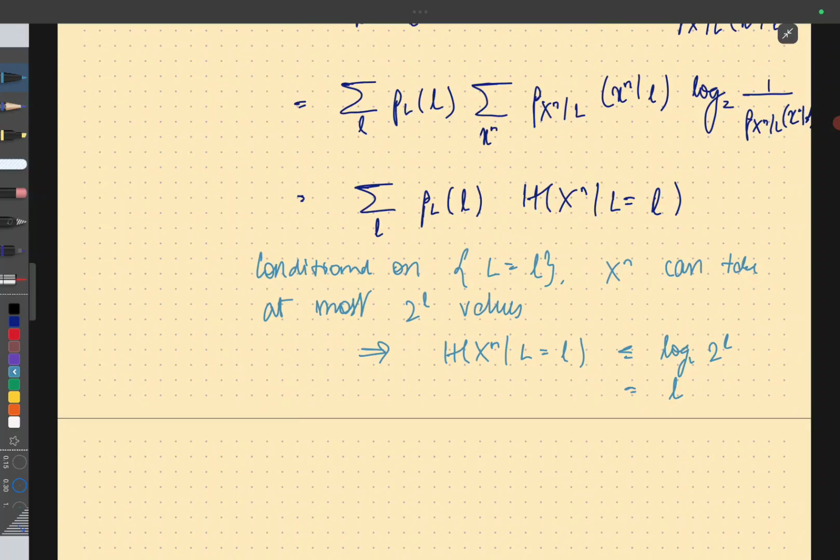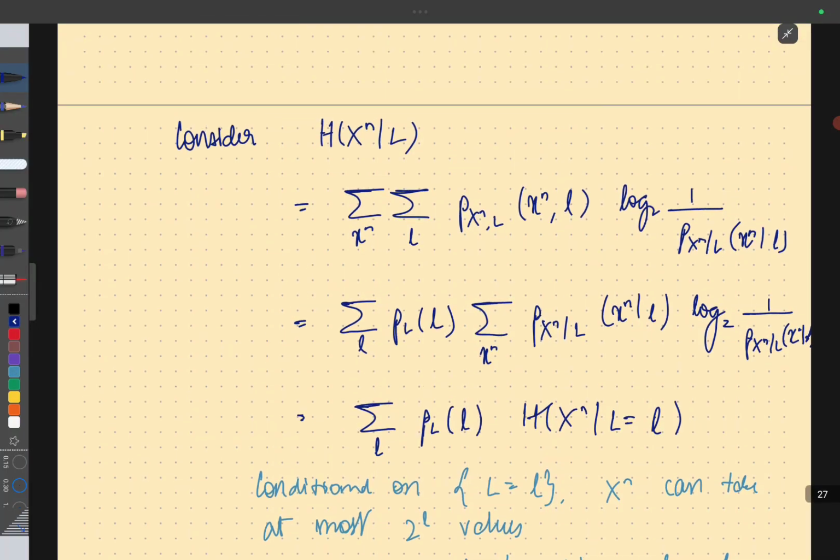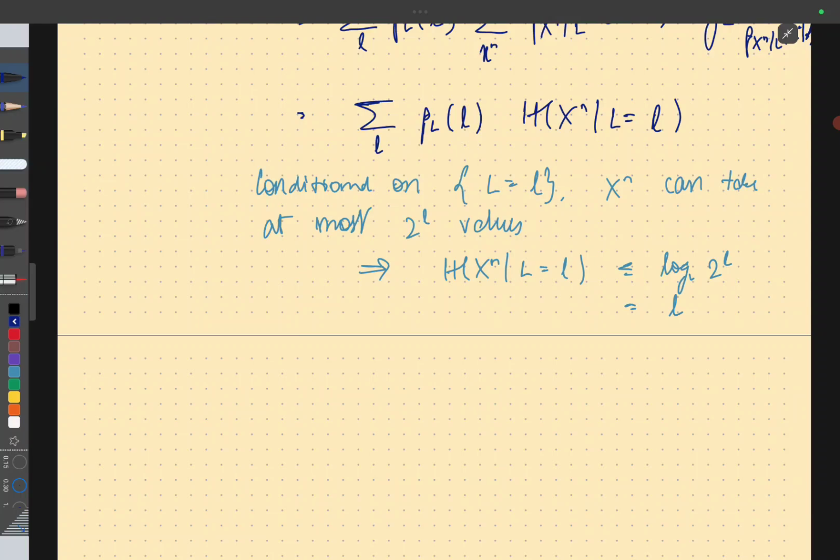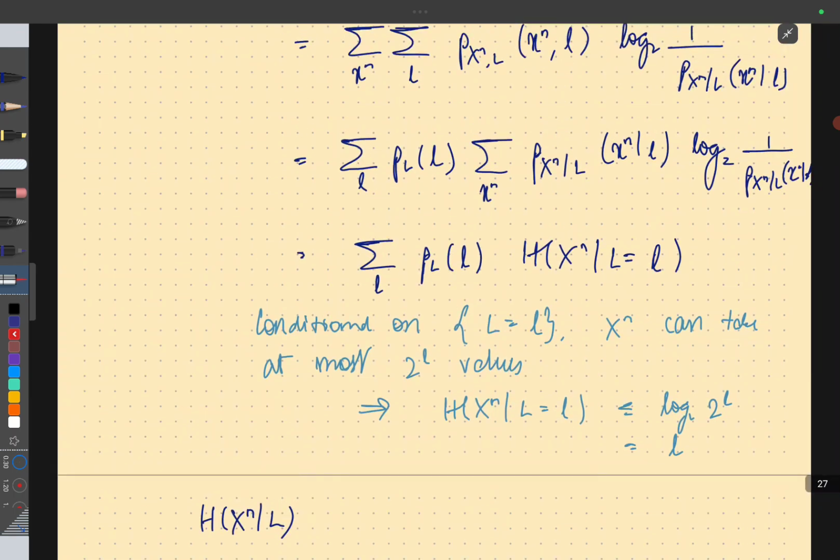Okay, so this quantity H of Xn given L, you have to be a little careful. The notation can get a little bit confusing because this H of Xn given L is a deterministic quantity. It doesn't depend on anything else.